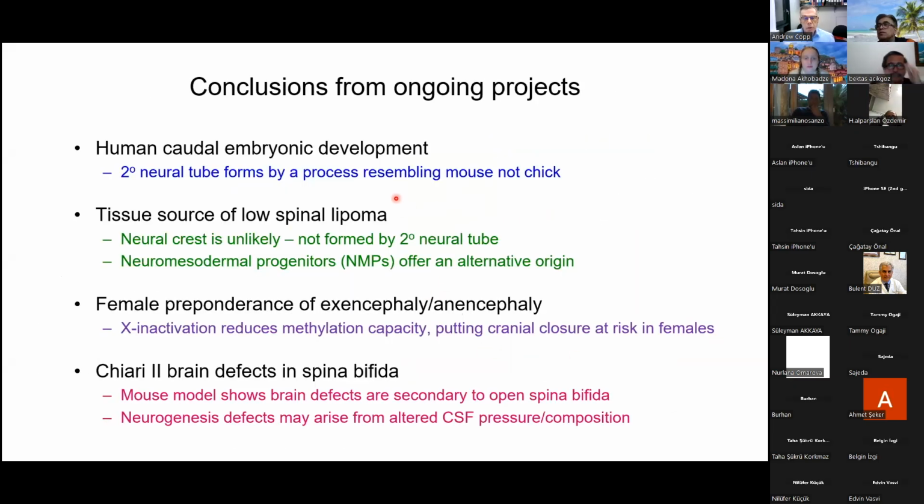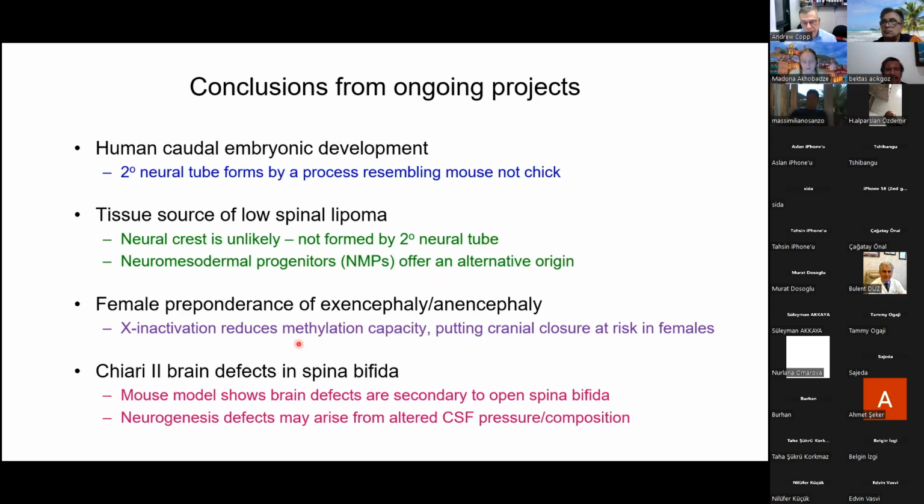So just to conclude then, with those projects, we've shown that the secondary neural tube forms by a process resembling the mouse, not the chick, and that the neural crest is unlikely to be responsible for spinal lipoma because we cannot detect it coming from the secondary neural tube. We think the neuromesodermal progenitors are a more attractive option.